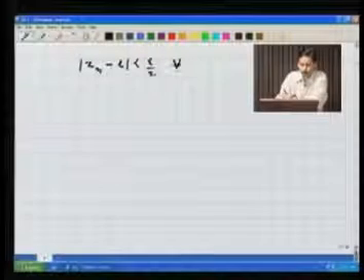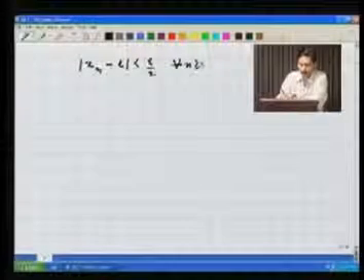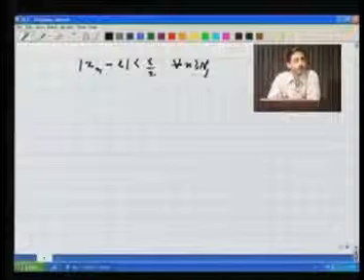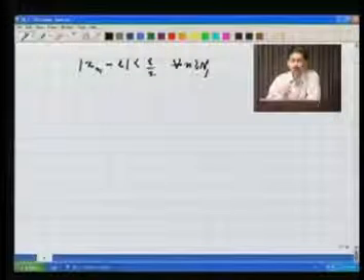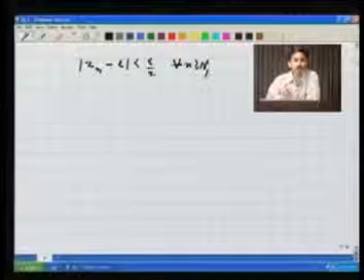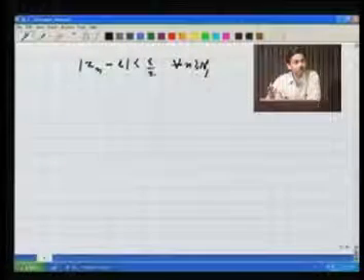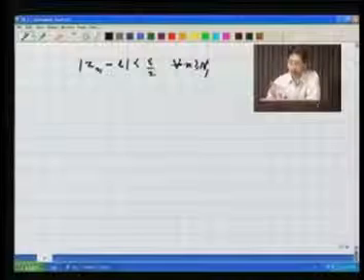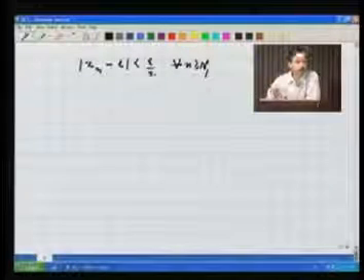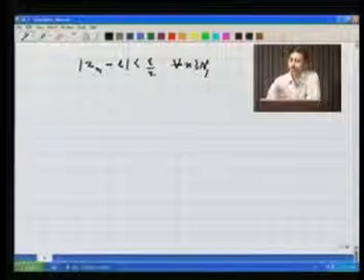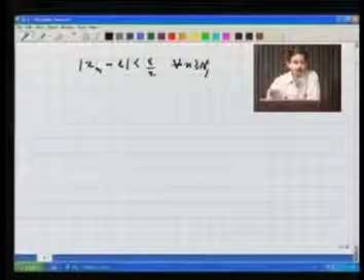This is true for all n bigger than or equal to N1. Here, instead of epsilon, I am starting with epsilon by 2. But epsilon is arbitrary, right? For any arbitrary epsilon, there exists a stage. So in particular, for epsilon by 2 also, there exists a stage after which the difference between xn and L is less than epsilon by 2.